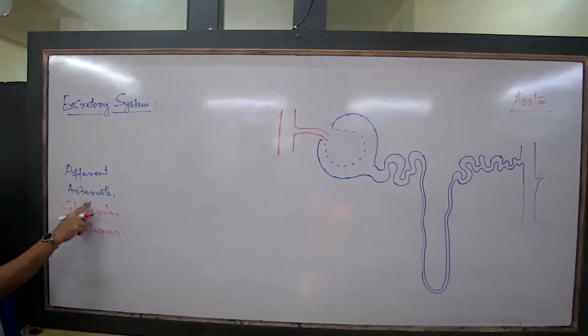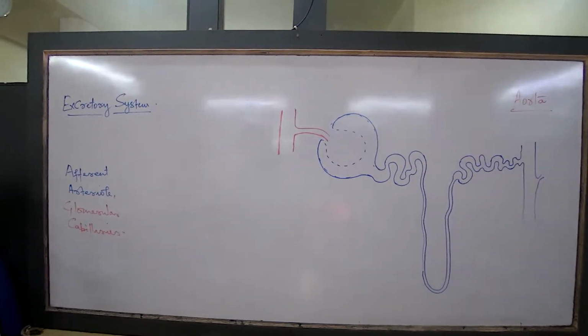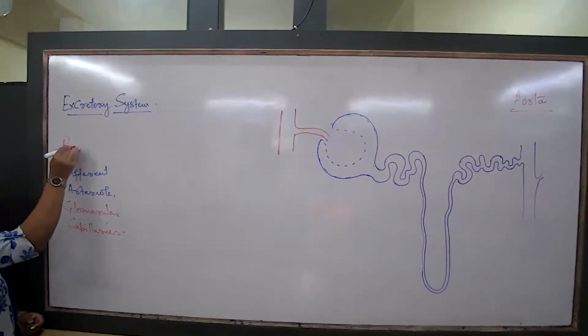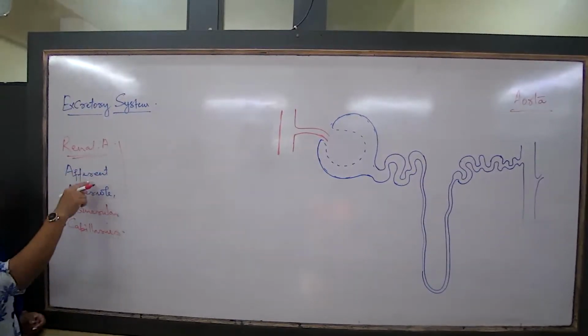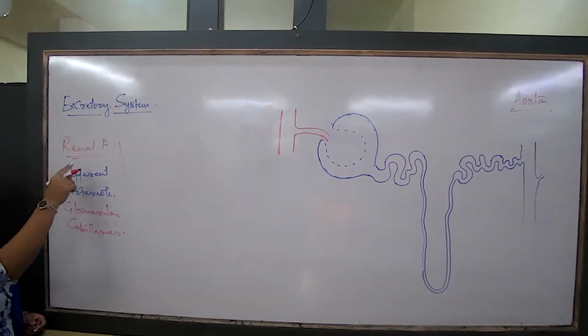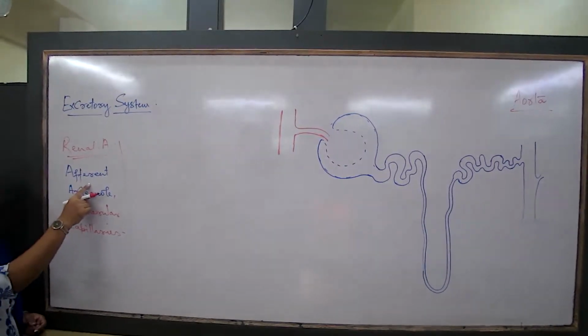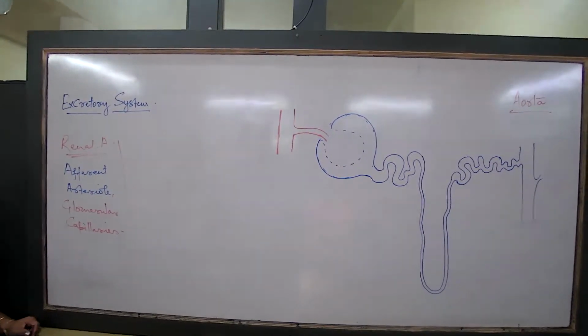Check spelling. Efferent arteriole and glomerular capillaries. I'll repeat. We are writing about renal artery, right? So what is the point you are writing? It is the branch of aorta which divides to form efferent arteriole and glomerular capillaries.